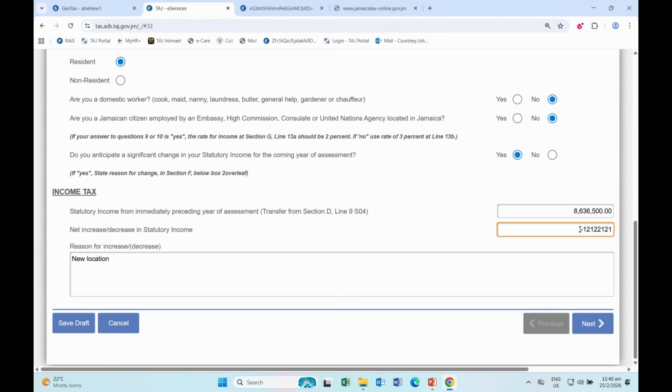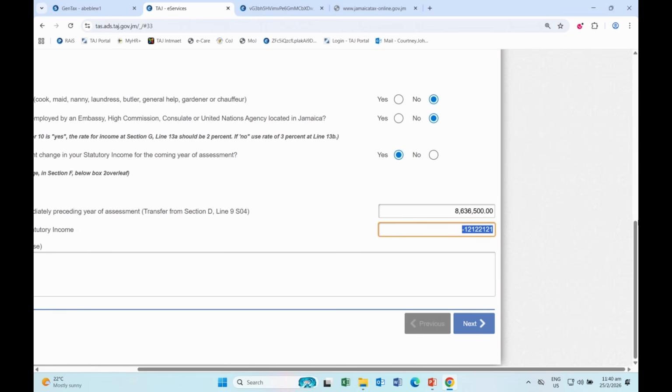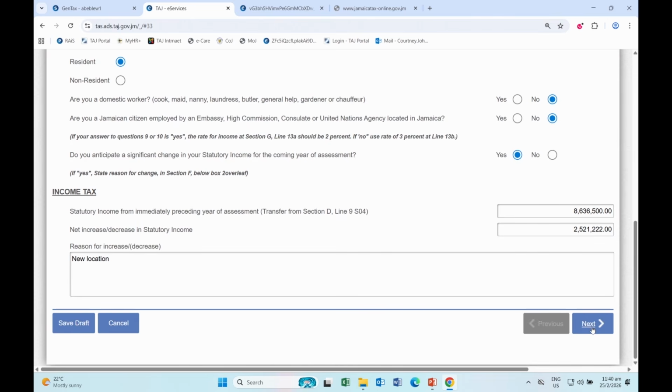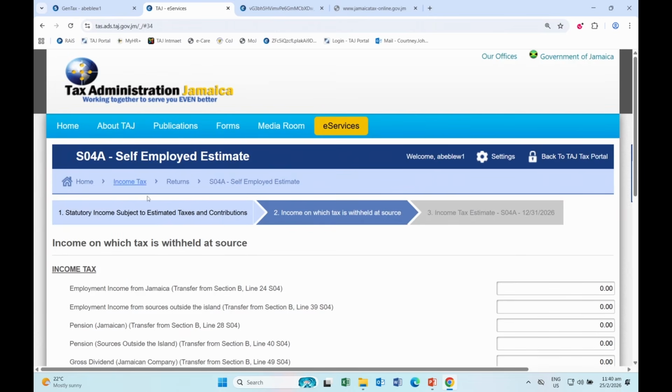If you're expecting an increase, you put a positive figure in there. So he will positively be earning another $2.5 million over the 2026 period. Now, when you've entered that and you give the justification, you can go ahead and select next.